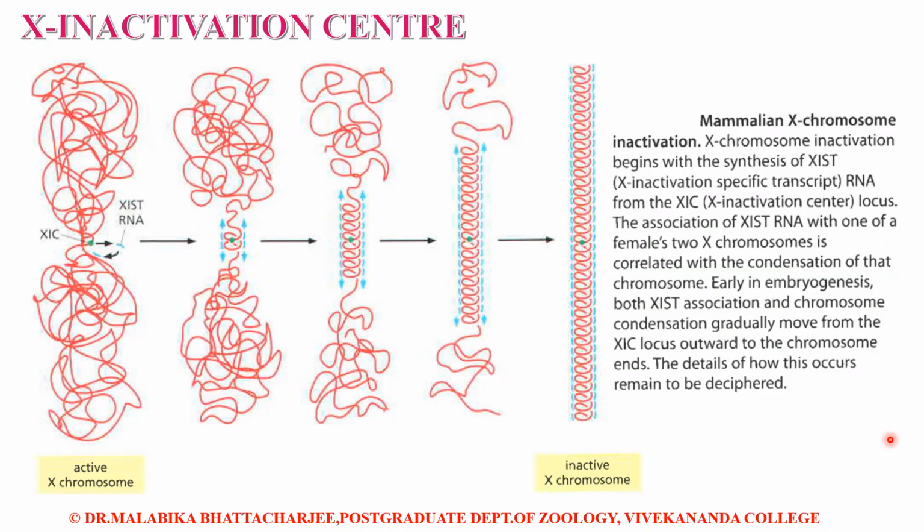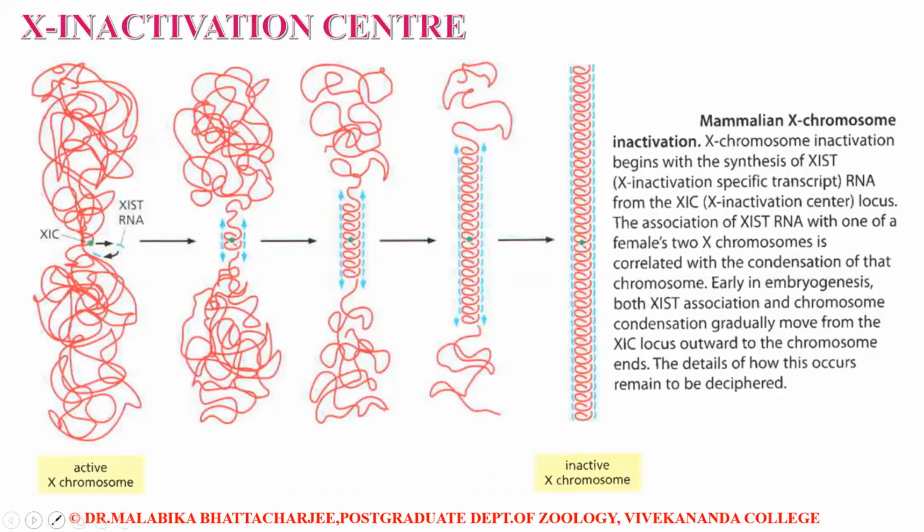Another thing you should keep in mind is that the maintenance of gene silencing on the inactive X chromosome does not depend on this RNA. It actually depends on the epigenetic modifications that occur when the RNA recruits the chromatin remodeling enzymes.